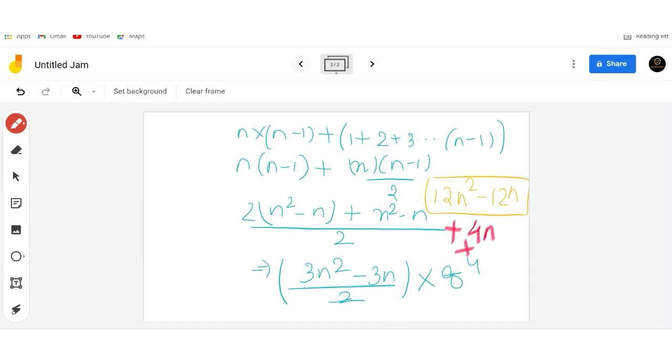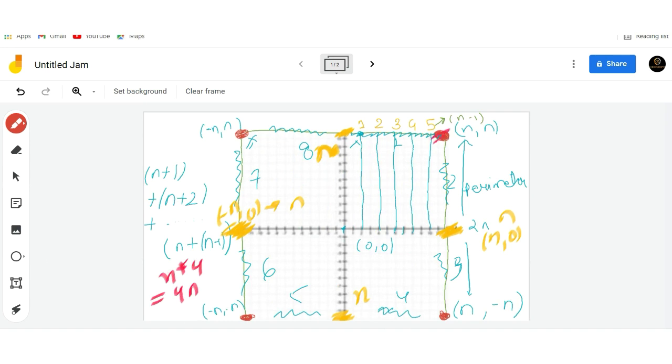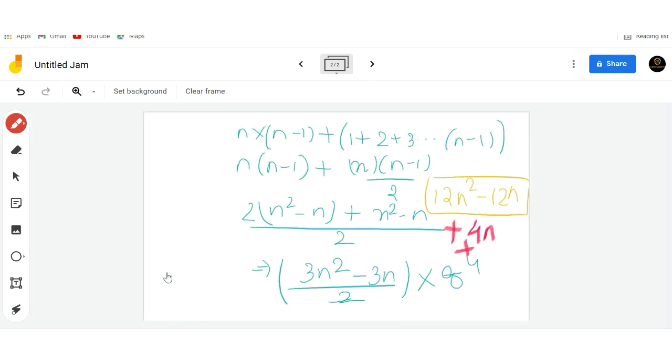Now if we are taking the red points, these ones, so here it is n plus the absolute value of minus n, which is nothing but 2n, and here again it will come 2n, here 2n, here 2n. So the total sum will be 8n. So we will also include this. So this will cut each other.